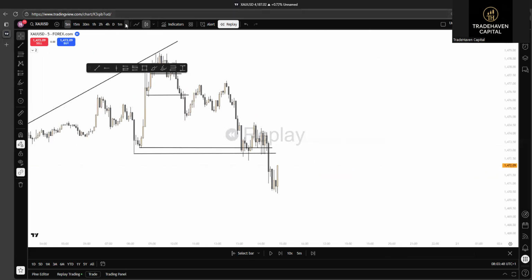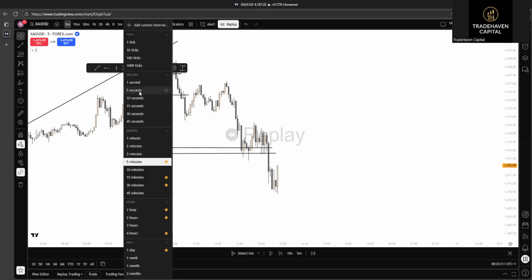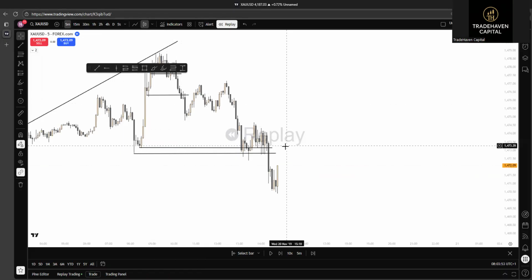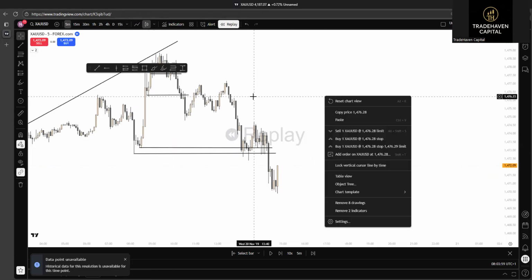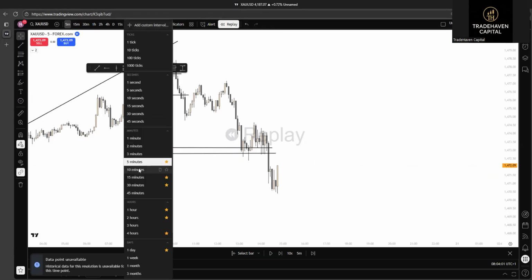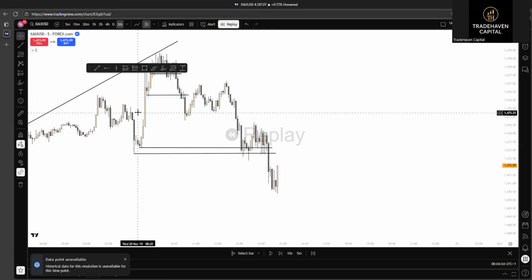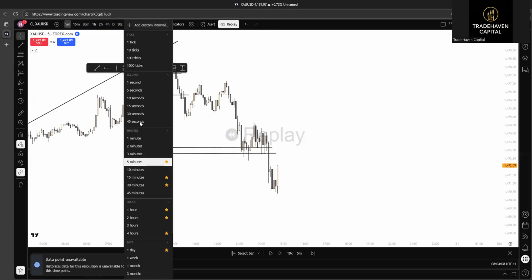So let me take this chart to, okay, unfortunately not enough data. I wanted to take it to the 5 minute time frame. Sorry, the 5 second time frame.